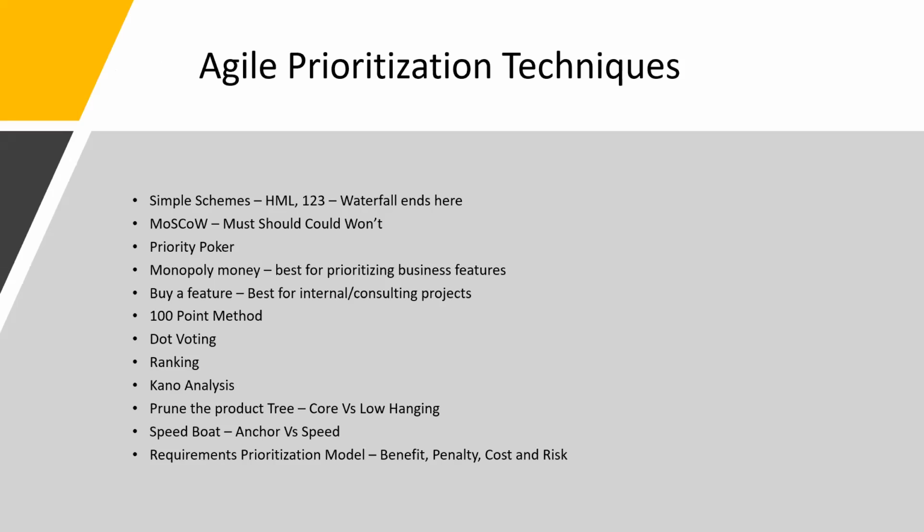Priority poker: you would have heard about planning poker in planning. Priority poker is again a similar concept. We use Fibonacci numbers. We use poker cards. Fibonacci numbers are 1, 2, 3, 5, 8, 13. You basically add the last two numbers. We choose Fibonacci numbers primarily because of the mathematical reason behind Fibonacci.